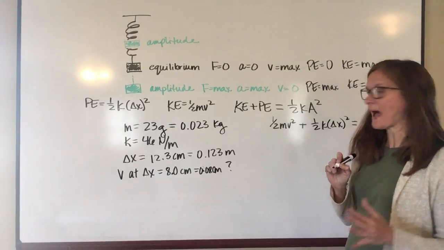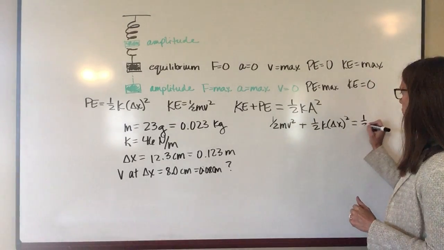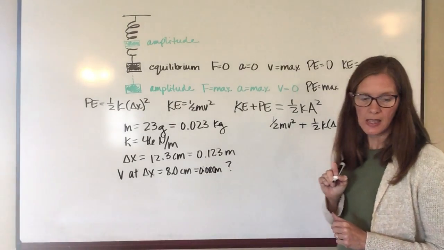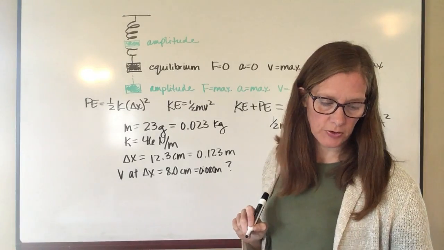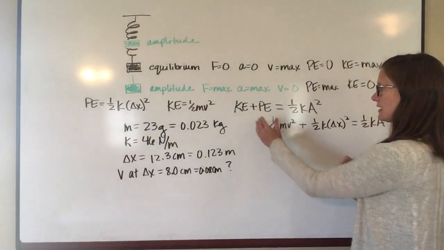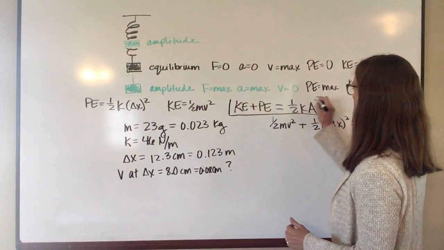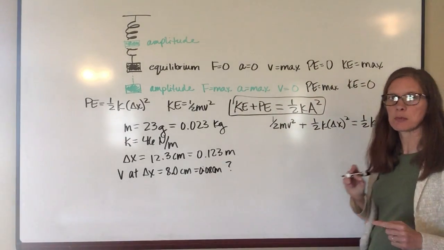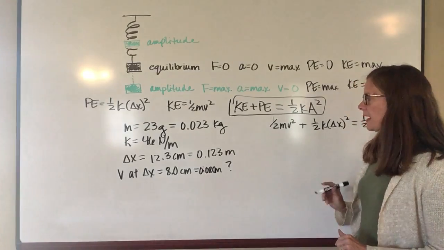And when I add them together, it has to be 1/2 K amplitude squared. Now again, this is a little bit different than how he works it in the book, but I'm going to take this equation for total energy and plug everything into it in one fell swoop.